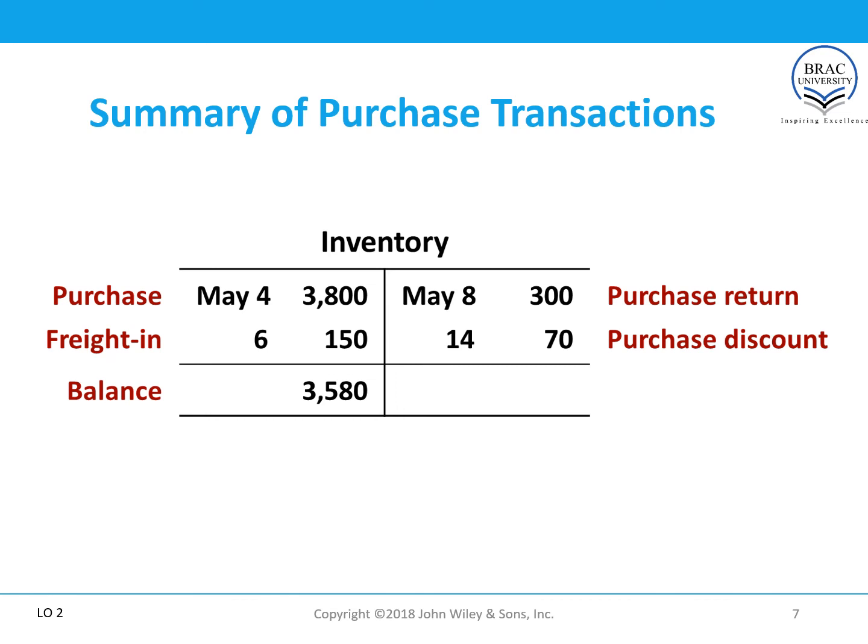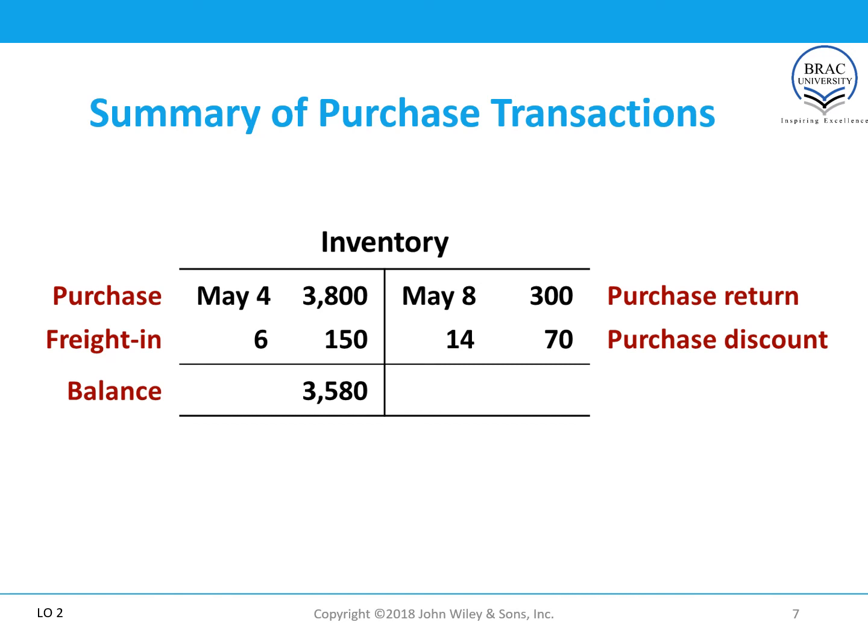And at the end, on May 14th, SOG Stereo was able to pay within the discounted period, so it could enjoy a purchase discount of $70, and since SOG Stereo considered the purchase discount as a reduction in the cost of inventory, it again credited the purchase discount of $70 in the inventory account.